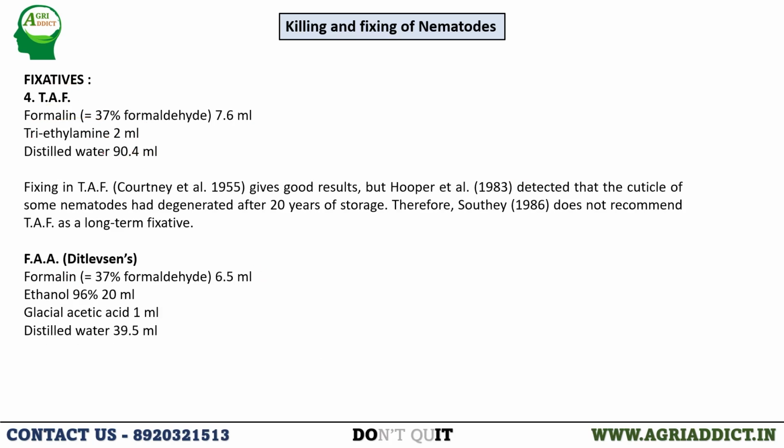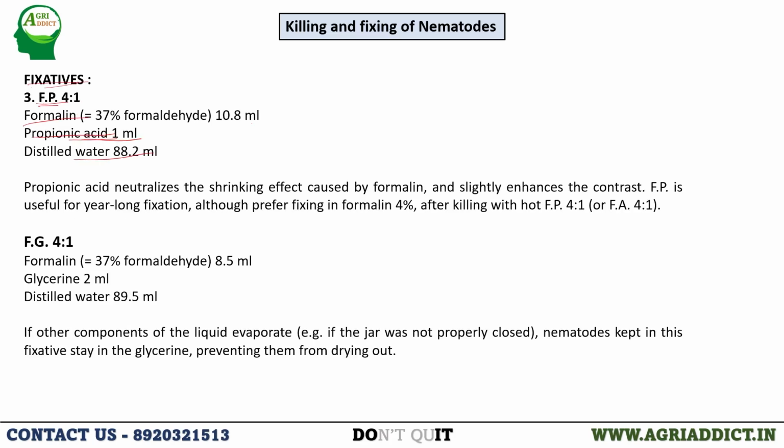Coming to the next fixative agent, as I explained, propionic acid will be used instead of glacial acetic acid here. The same thing, it neutralizes the shrinking effect which is caused by the formalin, and it also slightly enhances the contrast. This can be useful for year-long fixation of the nematodes, and for nematodes that are prepared as permanent slides.